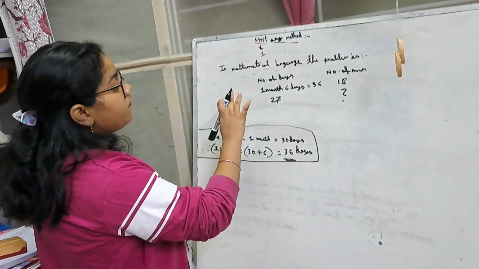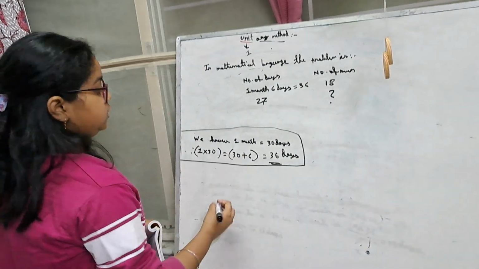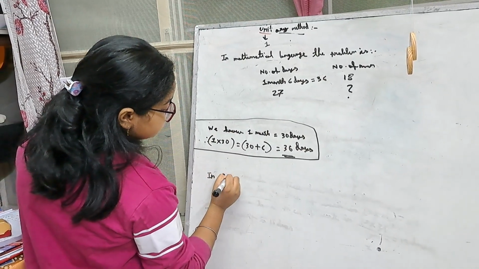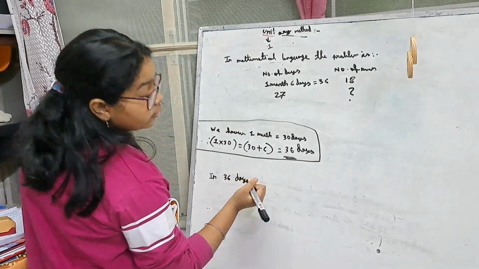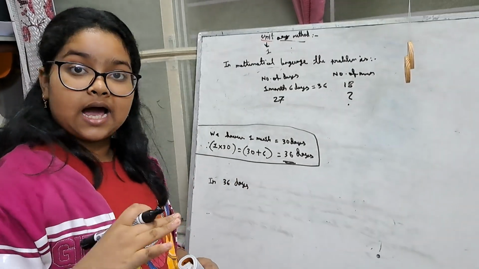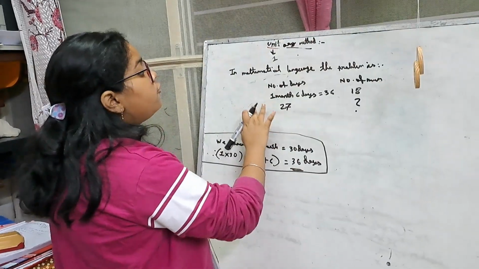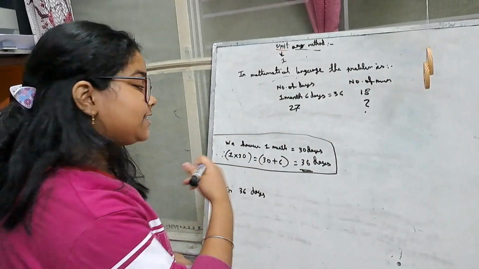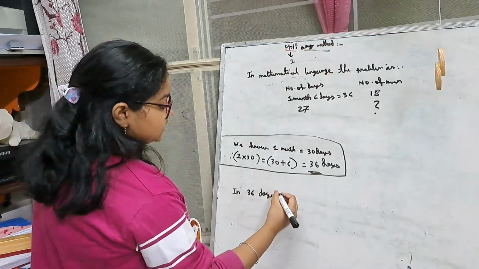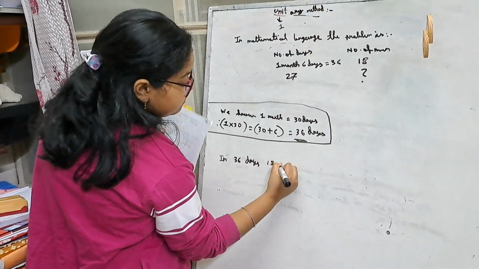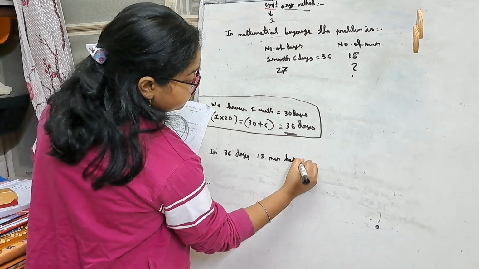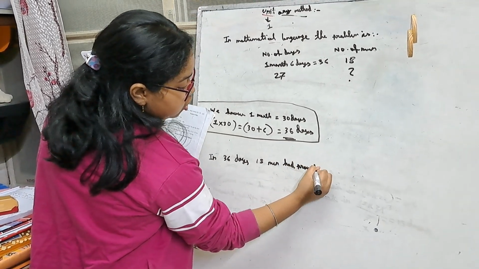We have already been given the information that in 36 days, doing the sum, we will not write 1 month 6 days because we wanted to convert it. So in 36 days, 18 men had provision of food.